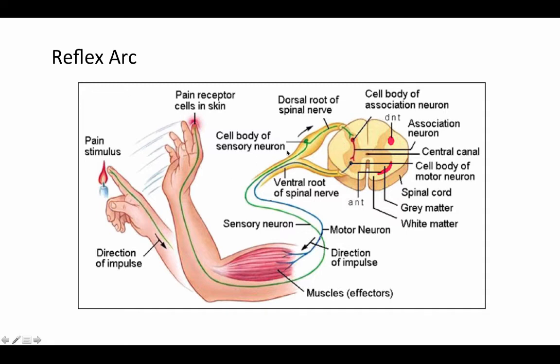But in this case, this is a simple reflex arc. There's going to be an interneuron that's going to make contact with a motor neuron here in blue that's going to come back out of the central nervous system, out of the spinal cord, make contact with a muscle. It's going to tell that muscle to contract to quickly move that hand away from the source of that heat.